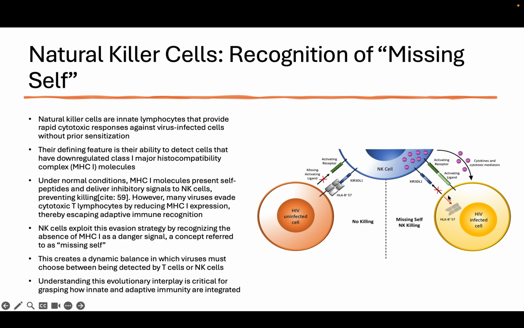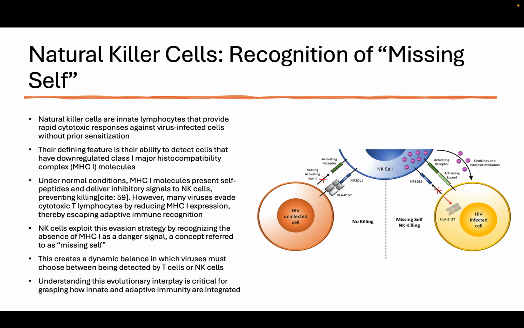What happens? This already triggers your NK cells to kill, because when you have an MHC, it activates something called a killing inhibitory receptor, a KIR receptor. This inhibits killing, as the name says. When you don't have MHC, this KIR is not activated, and this pushes an NK cell to start killing.